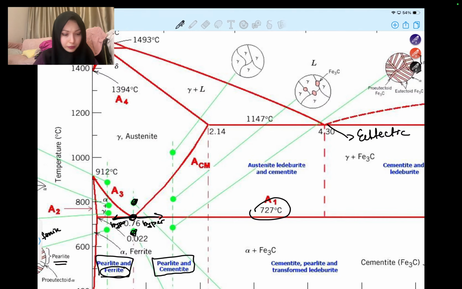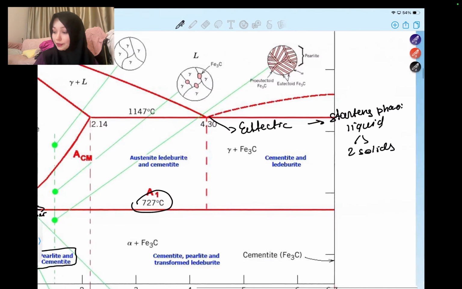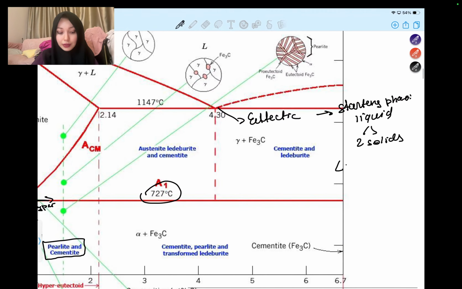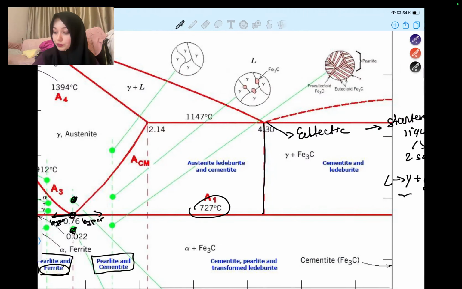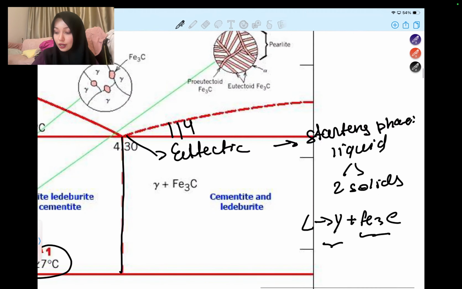Our reaction would be liquid gives us austenite plus cementite. So liquid transforms into austenite and cementite, and the carbon composition is 4.3, it happens at 1147 degrees Celsius.